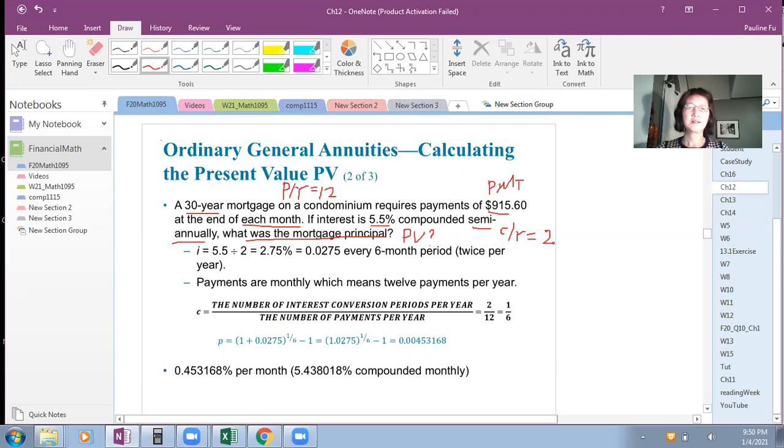And also the term N, so 30 years, and each year you make 12 payments. So term N equal to 30 times 12, which is 360. 360 is the term N.